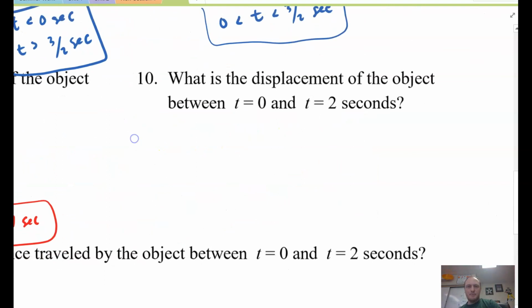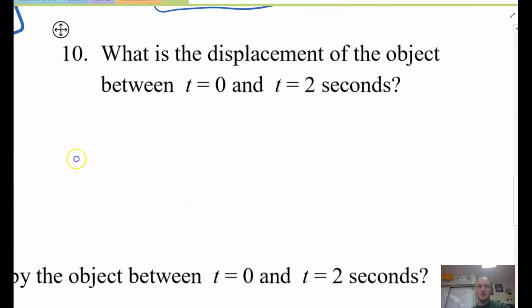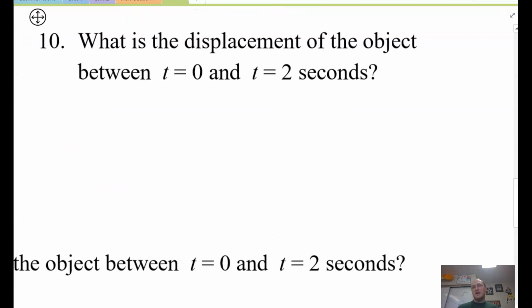All right, number 10. What is the displacement of the object between t equals 0 and t equals 2 seconds? Well, remember, displacement is, okay, what's its current position, and then what was its original position? What's the change, right, between its position? So what we need to do here is calculate s of 2, and then we need to calculate s of 0.